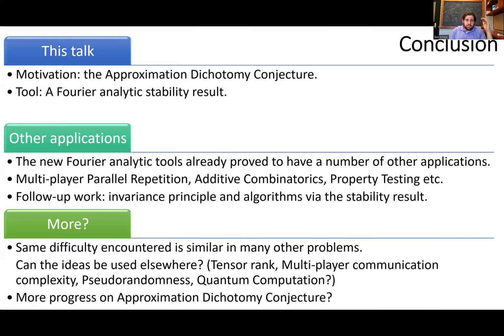I'll end by saying that three-way correlations and the fact that they are much harder to study than pairwise correlations is something that happens in many other places, and it would be interesting to see if our techniques have any bearing on it. So I would be very interested to see if there are any applications in multiplayer communication complexity, pseudorandomness, quantum, all of that, and of course on the approximation dichotomy conjecture.